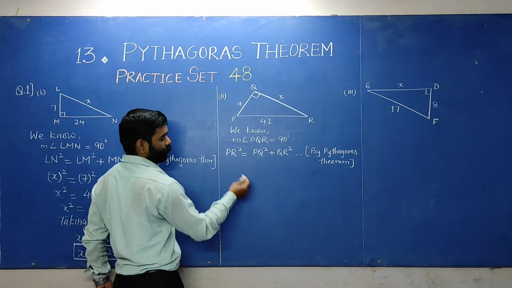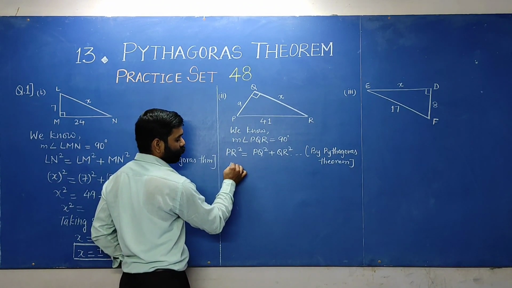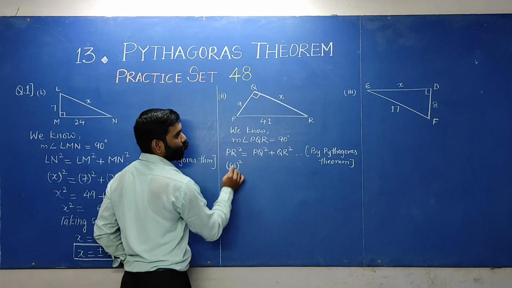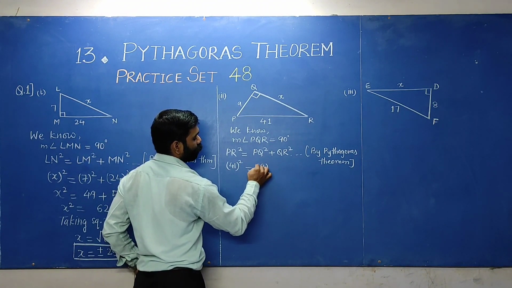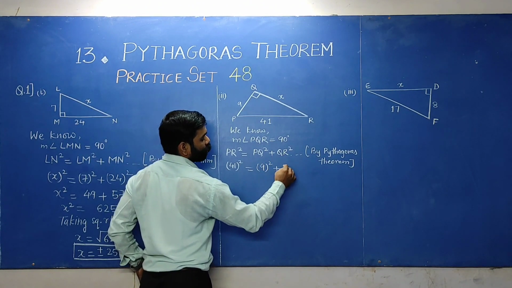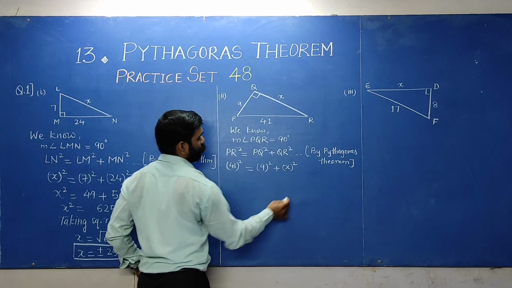By Pythagoras theorem, PR is given as 41, so 41 square is equal to PQ, which is given as 9 square, plus QR, which is x square.